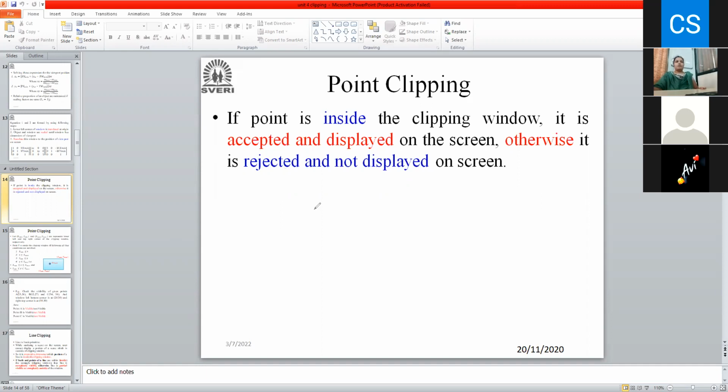Okay. So clipping is nothing but removal of the portion which is outside the window and accepting the portion which is inside the window for display purpose.